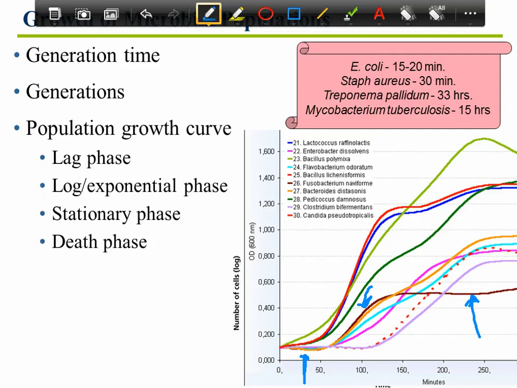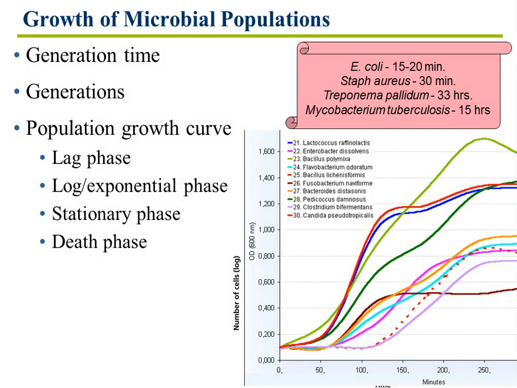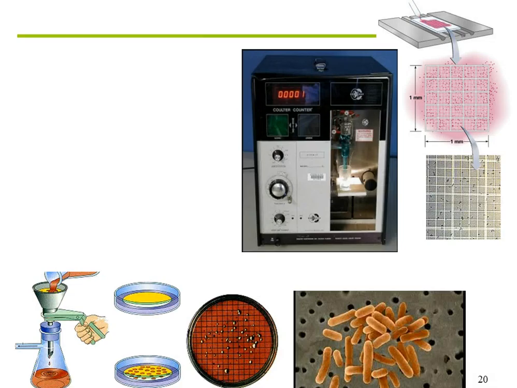It's not enough time for them to have gone into death phase yet. But then, if you look at something like this green, which is Bacillus polymyxa, it's got a very short lag phase, then it goes into a log phase and kind of changes a little bit. Stationary phase, real quick, goes into a death phase. So again, there's a lot of variation in these growth curves.